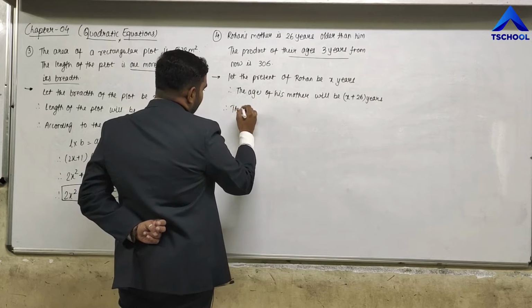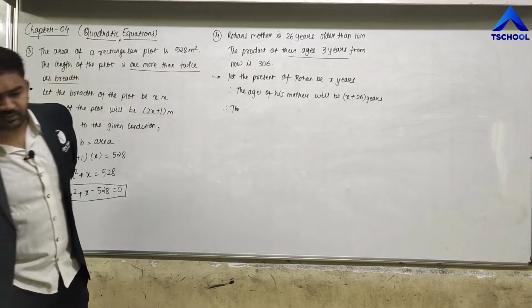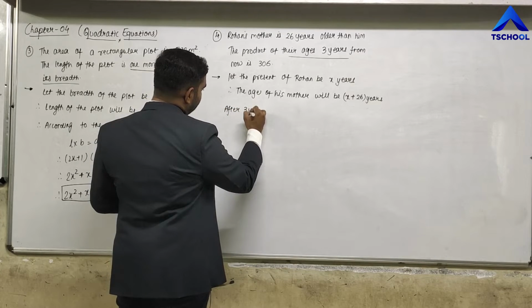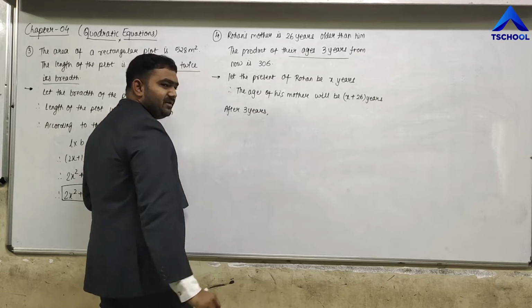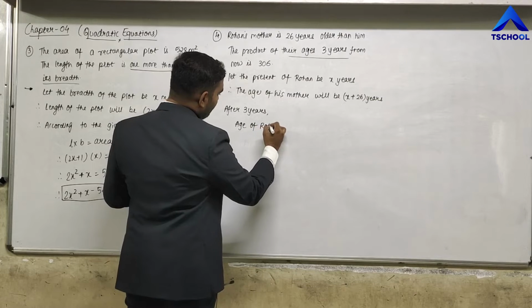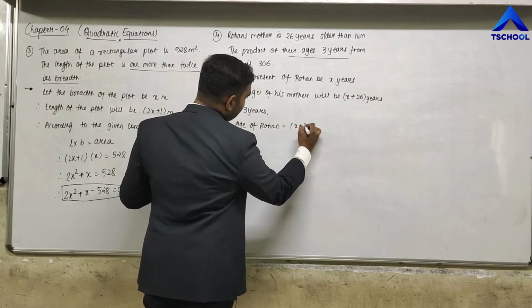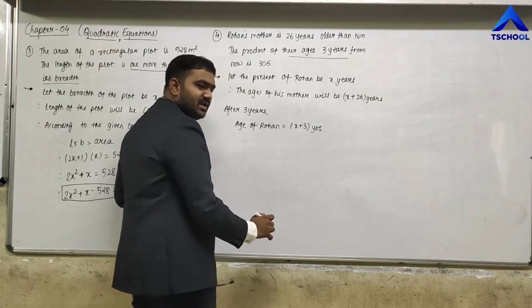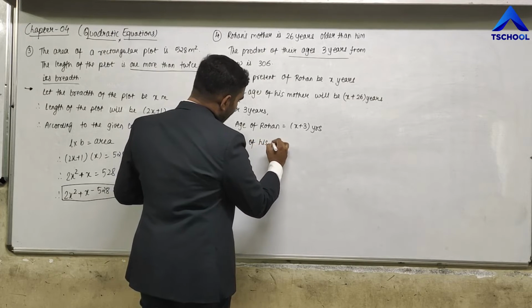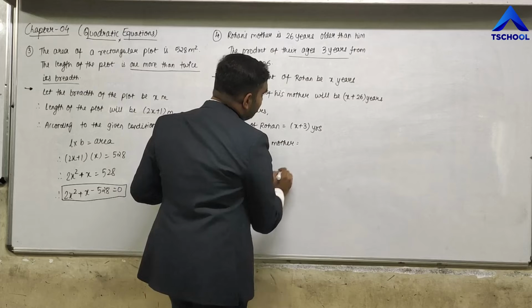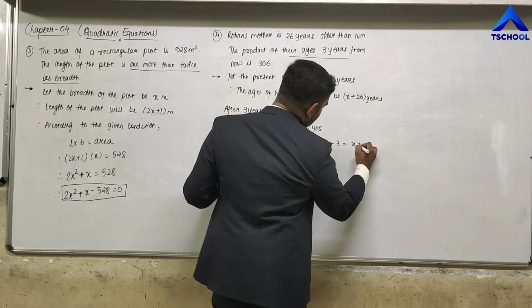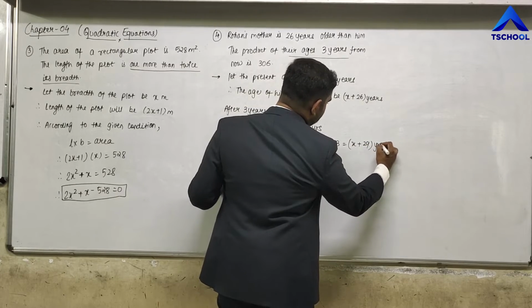Therefore, after 3 years, the age of Rohan is x plus 3 years, and the age of his mother will be x plus 26 plus 3, that is x plus 29 years.